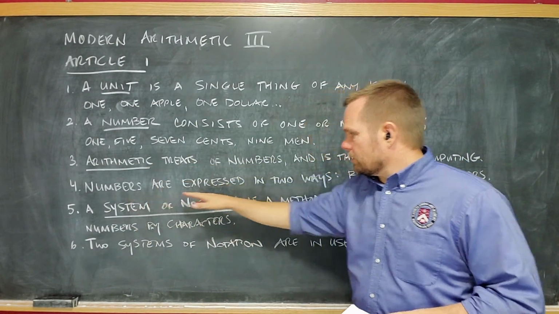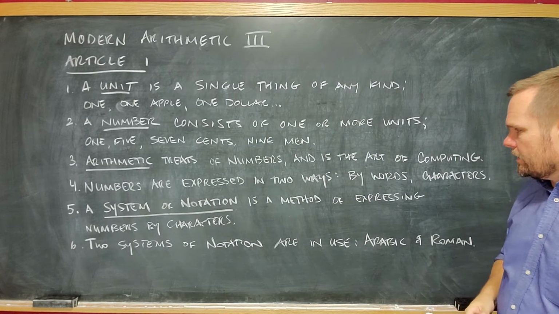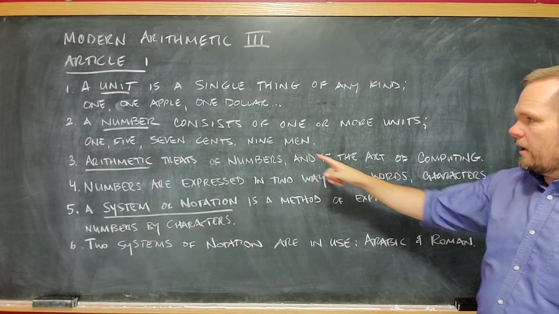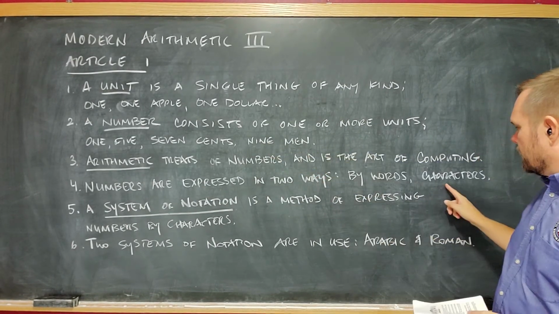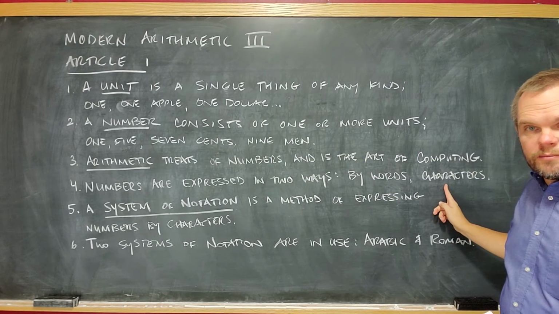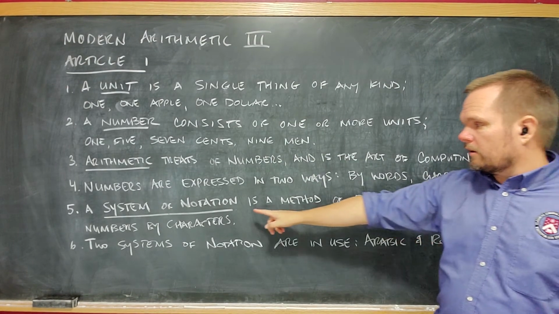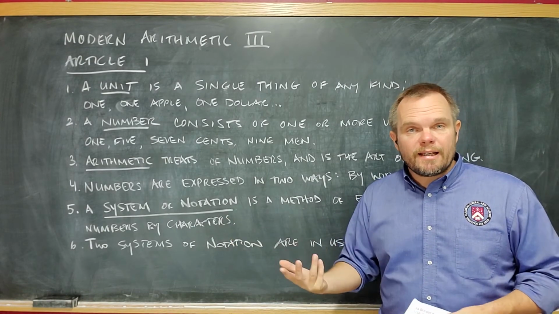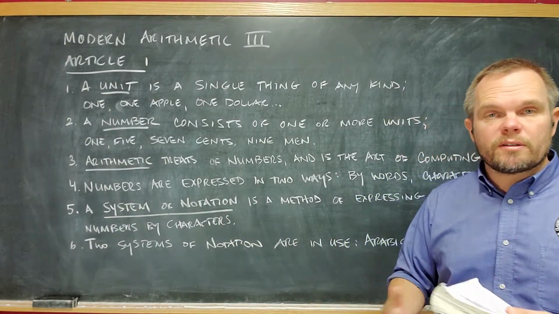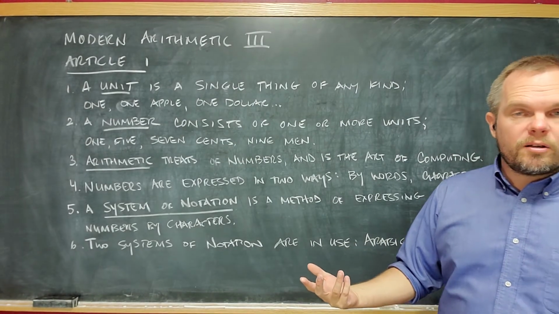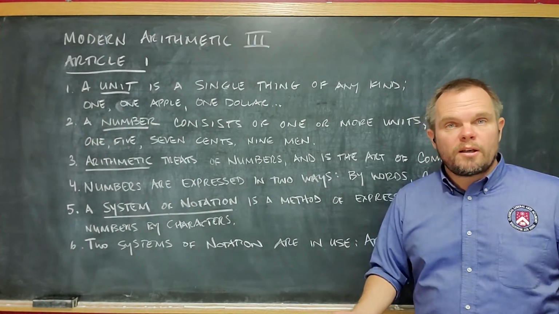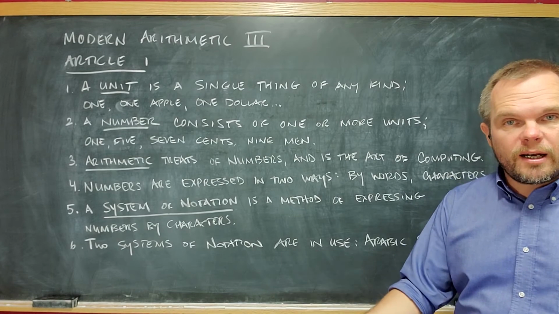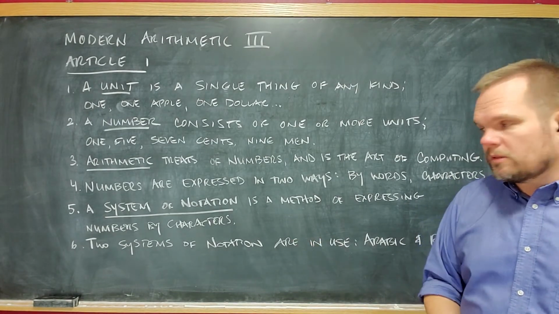We learned that numbers are expressed in 2 different ways, by words, as we learned up here, and by characters or symbols. We learned that there are different systems of notation, different sets of characters or different sets of symbols that are used or that were used by different people at different times, and we still use them today.